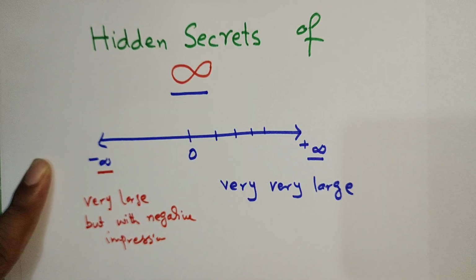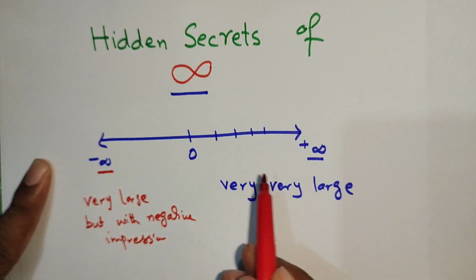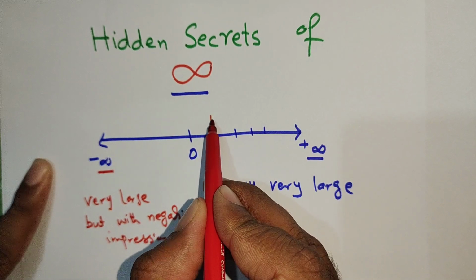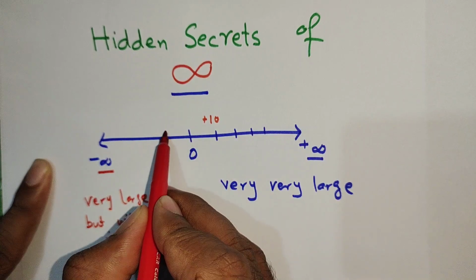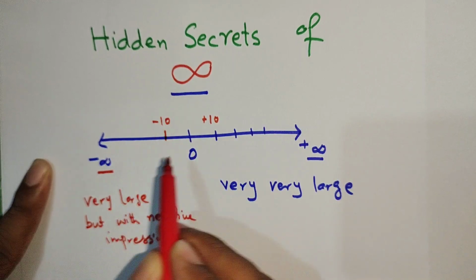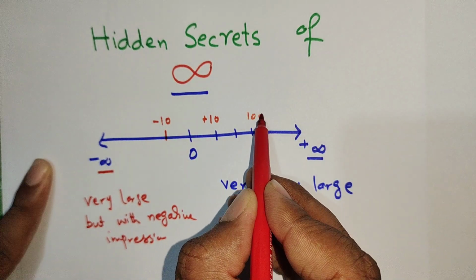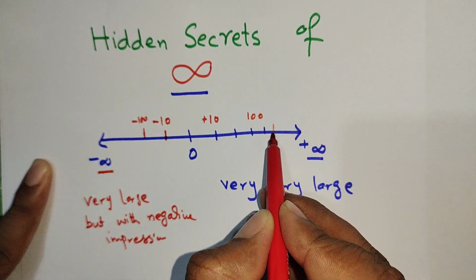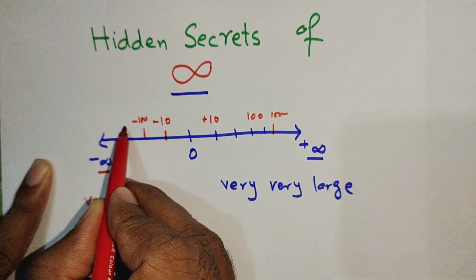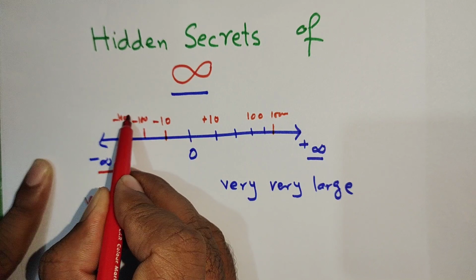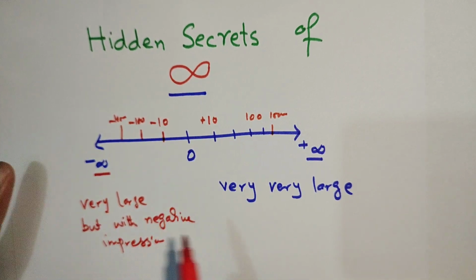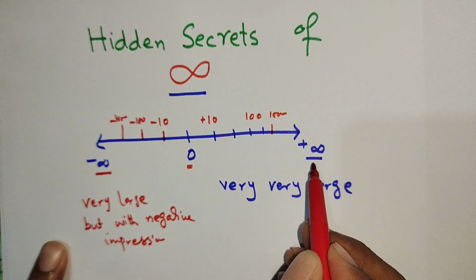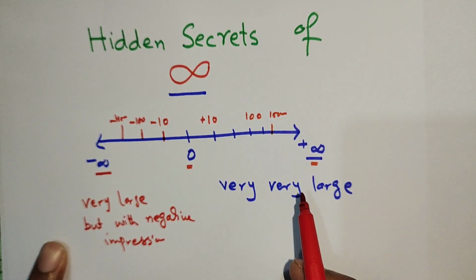If we want to understand the concept of minus infinity, it is something like this. Here we have plus 10 and on the left hand side we have minus 10. Here is 100 and on the left hand side we have minus 100. 1000 and here is minus 1000. Similarly, when we move away from 0, it is something much away from 0.